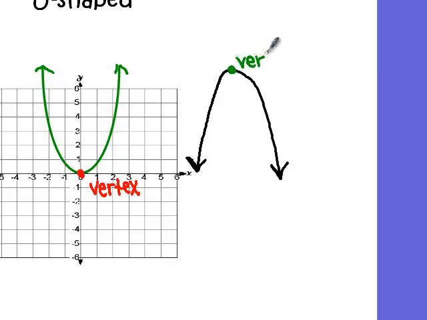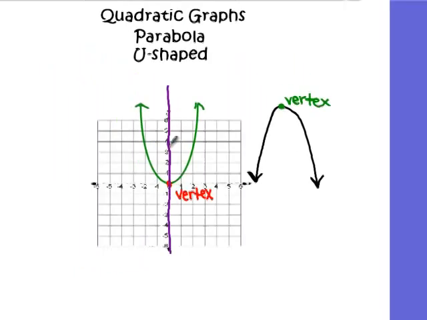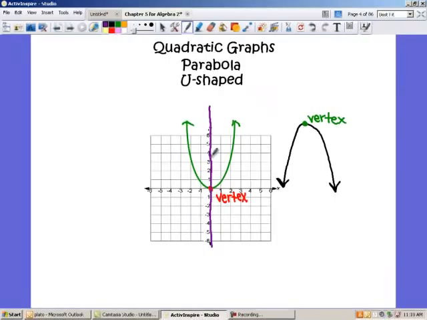So this is also a vertex. Okay, also on this graph you can tell what the axis of symmetry is, and that is just this imaginary line that goes through the center of the graph to where if we folded it, it would be a mirror image.